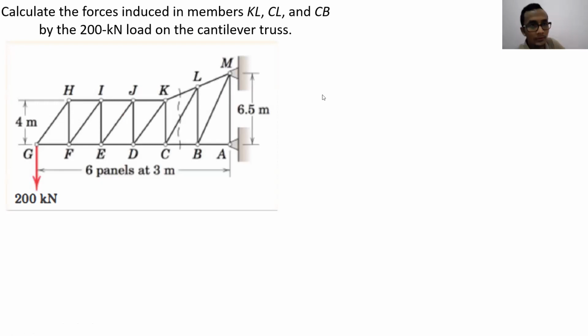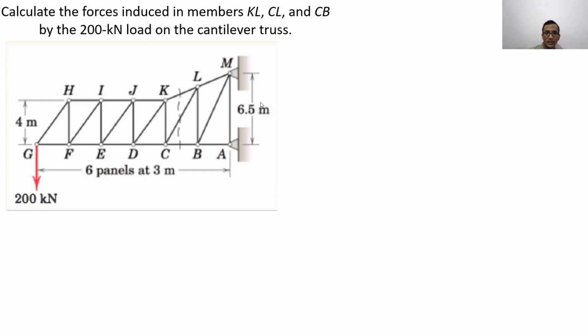Hello, Daniel. Please take a look at this problem and try to check whether it has a zero force member or not. Based on your analysis, will this particular class problem have a zero force member or not, Daniel?